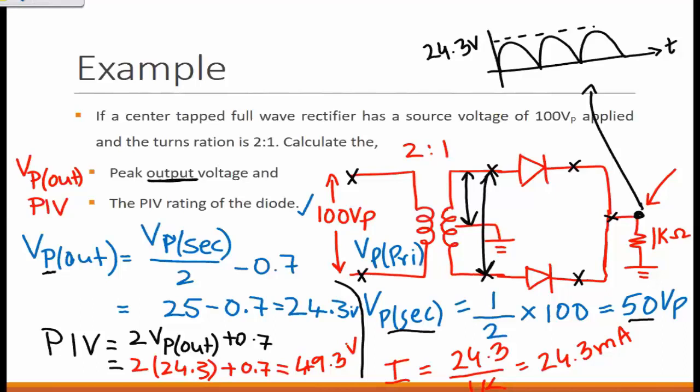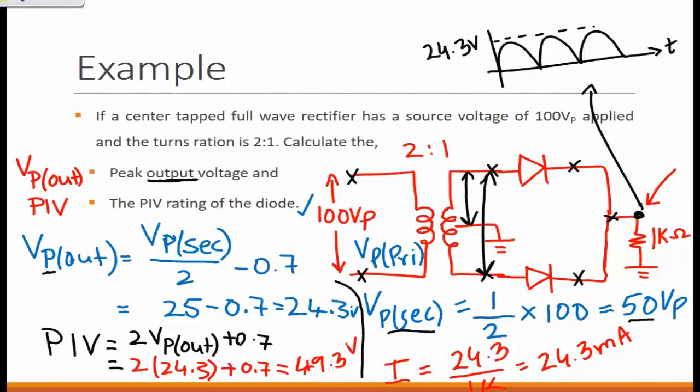So essentially, in order to find the VP out, first we need to find the VP of the secondary. That's how a lot of the questions will be, I would assume. Yes, pretty much, unless the secondary voltage is given to you, then you just use that. But if it's not, then you need to find the secondary voltage first. The secondary over the primary times the input.